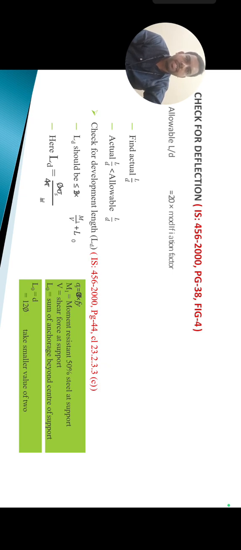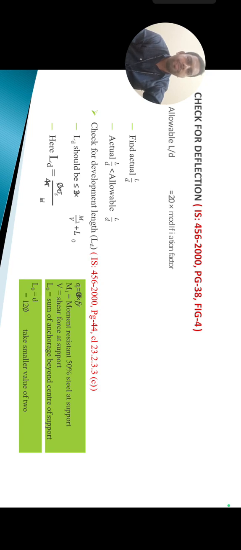Coming to deflection, in this deflection criterion, the allowable span to depth ratio is 20 into the modification factor. For development length, it should be provided as phi sigma s by 4 tau bd, where tau bd is the bond stress, sigma s equals 0.87 times fy, fy is the grade of the steel, and phi is the diameter of the bar you have to provide at that particular location.